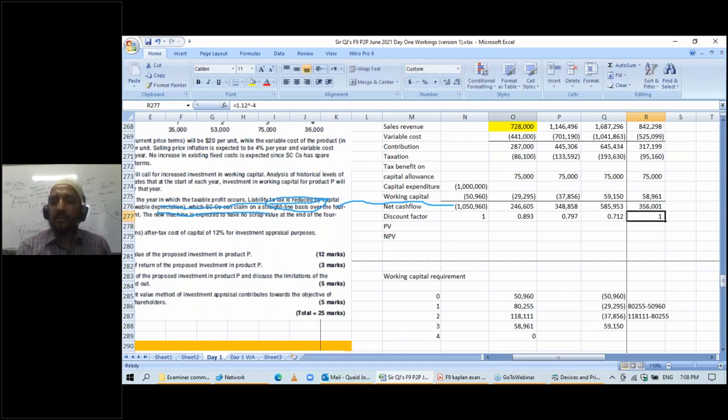So this gives you the discount fractions for the 4 years, and then multiply the net cash flows with the present value fractions to arrive at the present values.